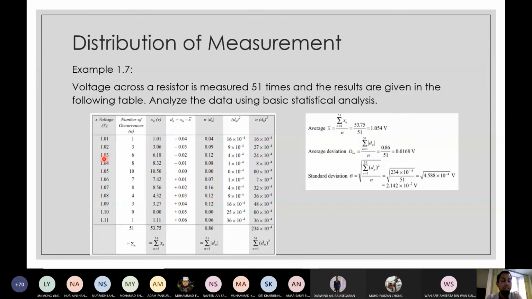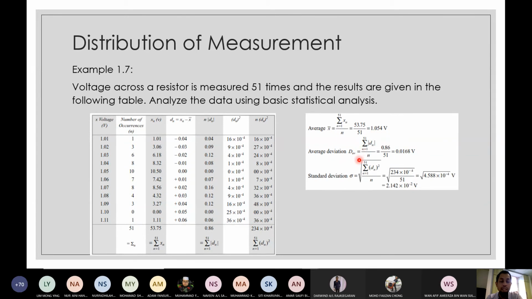So we multiply each value with the number of times that value occurs to get the total sum of the value, and we add them together to get this total value 53.75. Then we divide 53.75 by the number of measurements, 51, to get the average value, which is what you get here, 1.054 volts. This is the average value.